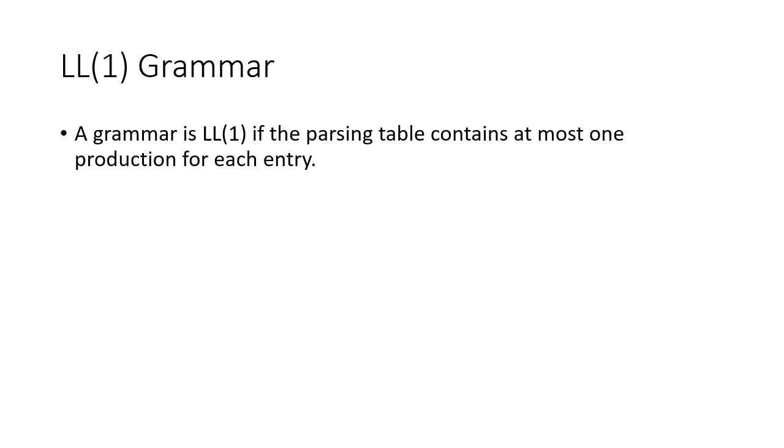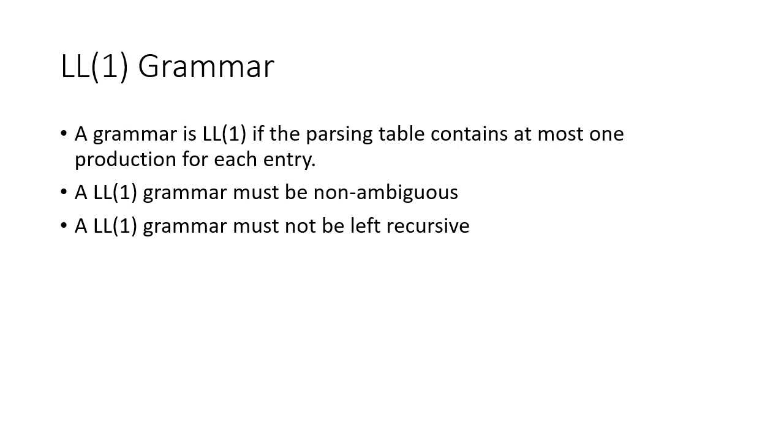Okay, so this is one rule. The other is, of course, the grammar must be non-ambiguous. If it's an ambiguous grammar, you have to rewrite it. Also, the grammar should not be left recursive, so any left recursion has to be removed. Also, an LL1 grammar must have left factoring. You should do left factoring before you can construct the parsing table.